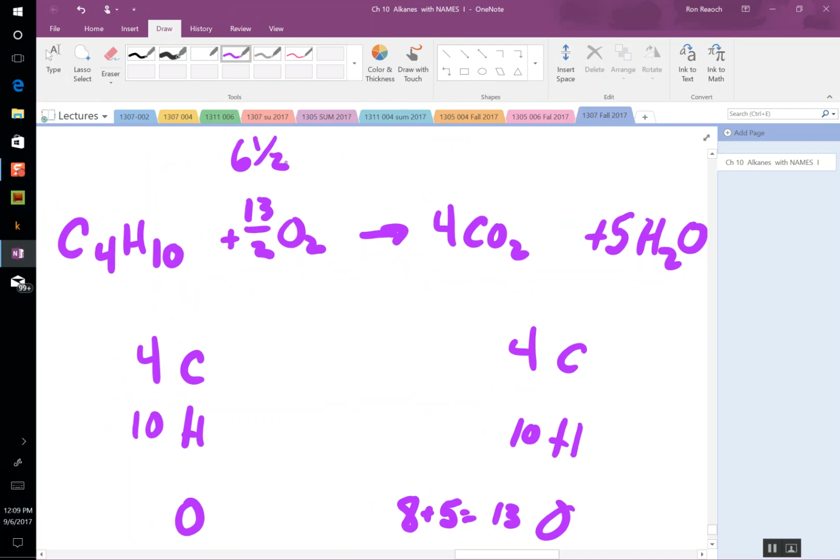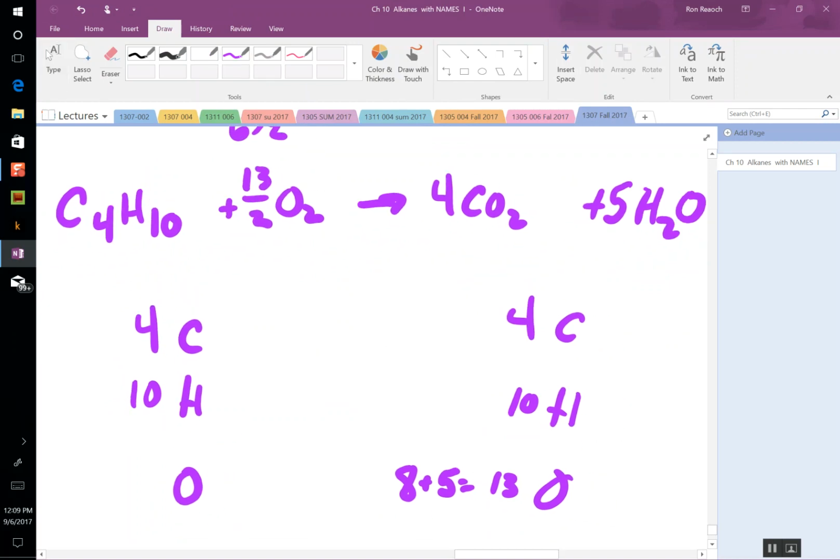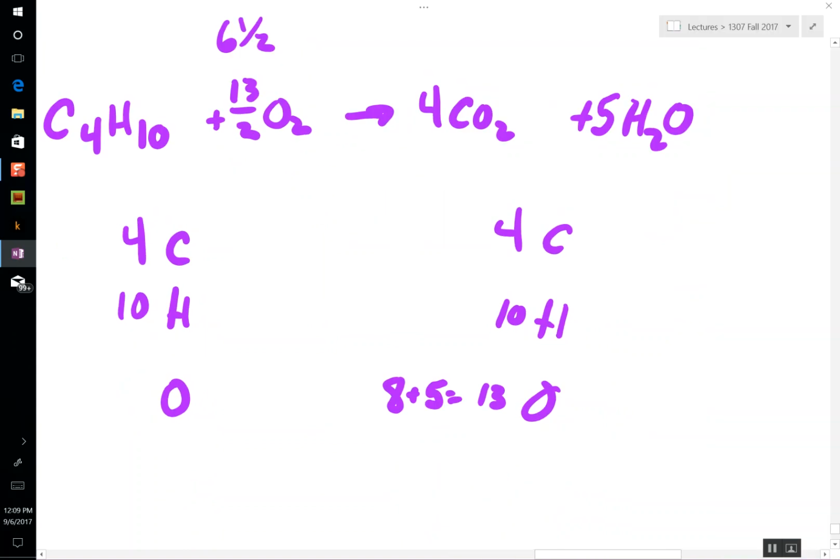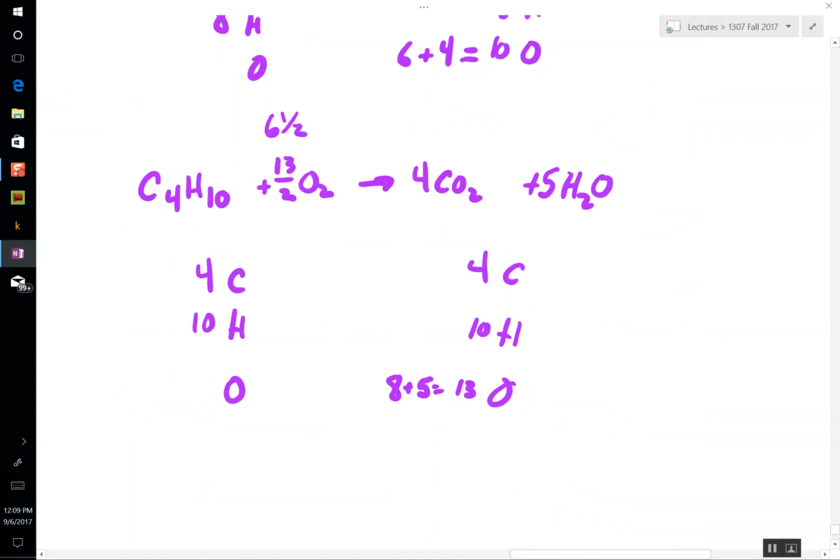And that's balanced, but we don't like fractions as coefficients in this equation, because we're really going to read it as a certain number of moles of butane reacts with a certain number of moles of oxygen to produce that many moles of carbon dioxide and that many moles of water.